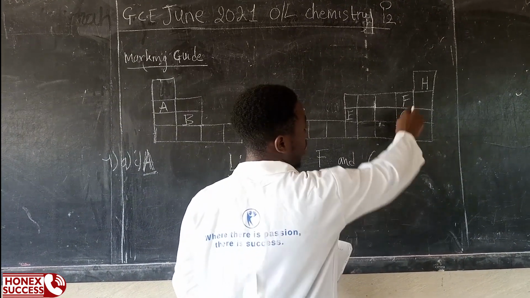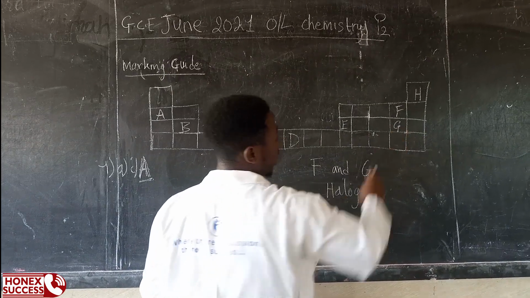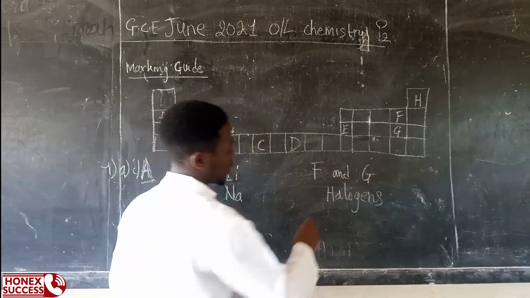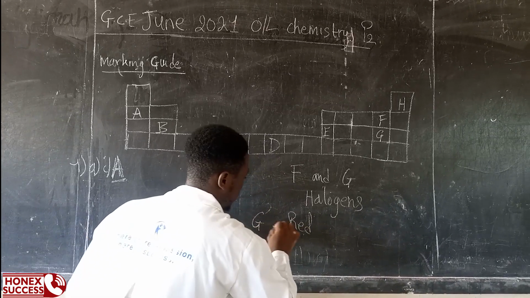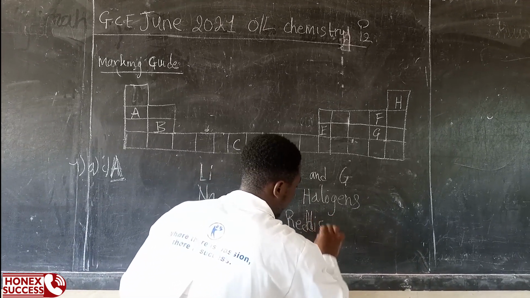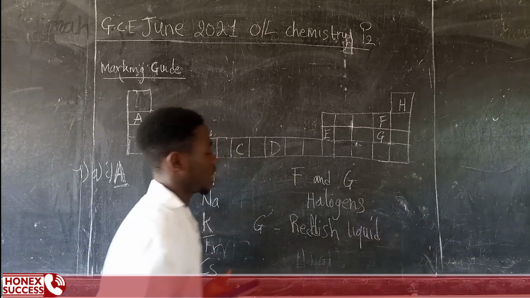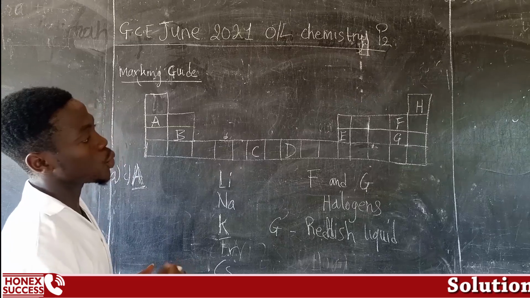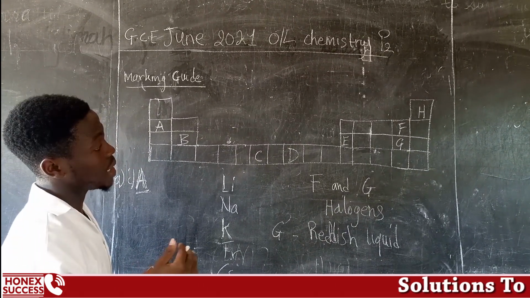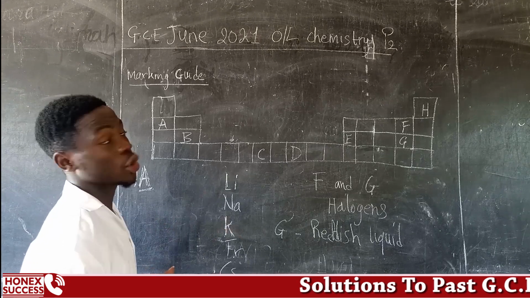That brings us now to our element G. So F is also eliminated. It brings us now to the element G, which we accept the fact that it is reddish. G is a reddish liquid at RTP. So that's how we do to come out with answers when this type of questions are given in front of us.